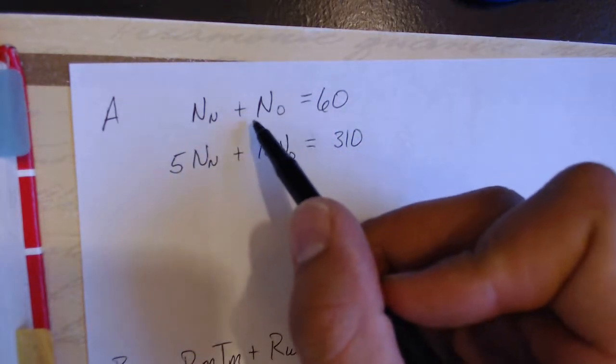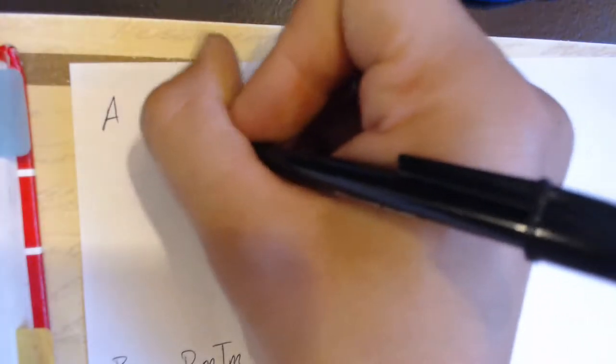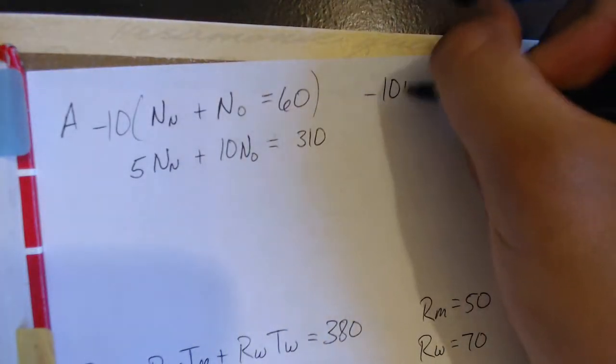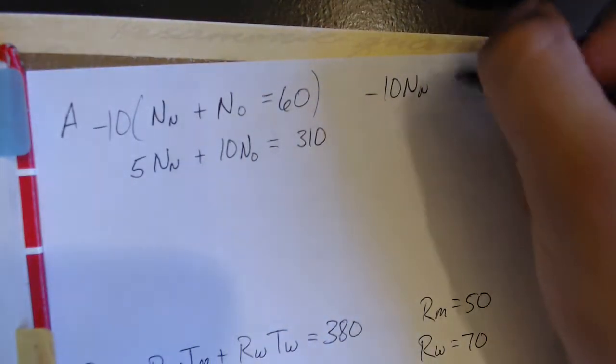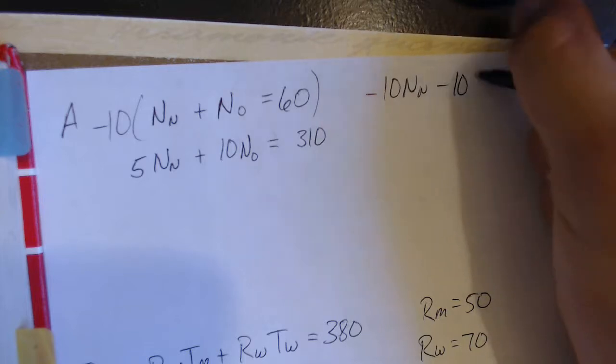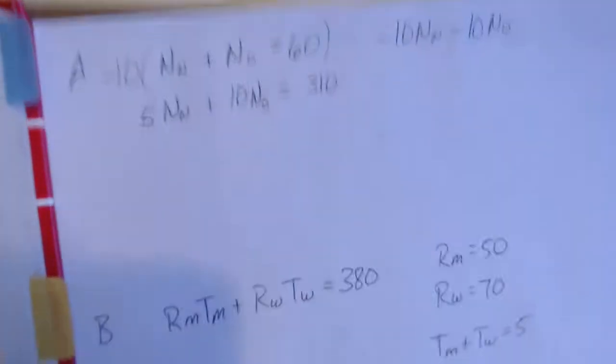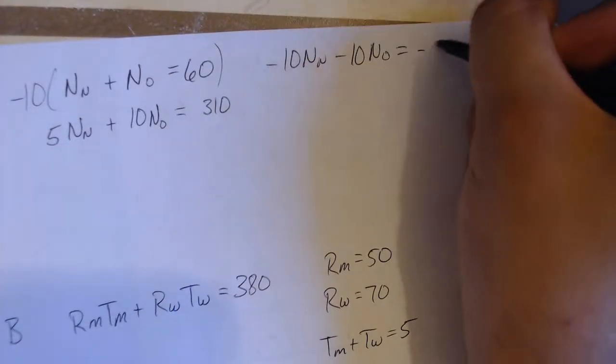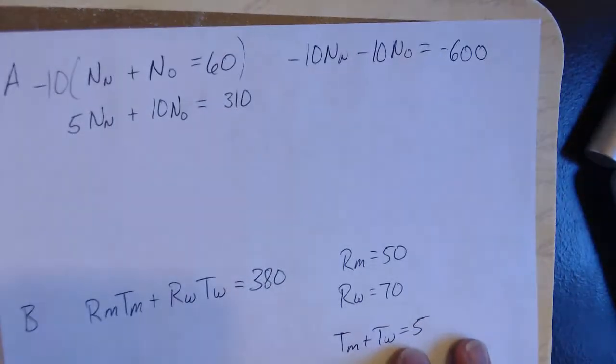So if I take this first equation and I multiply it by negative 10, I can rewrite it as negative 10n sub n minus 10n sub o equals negative 600.